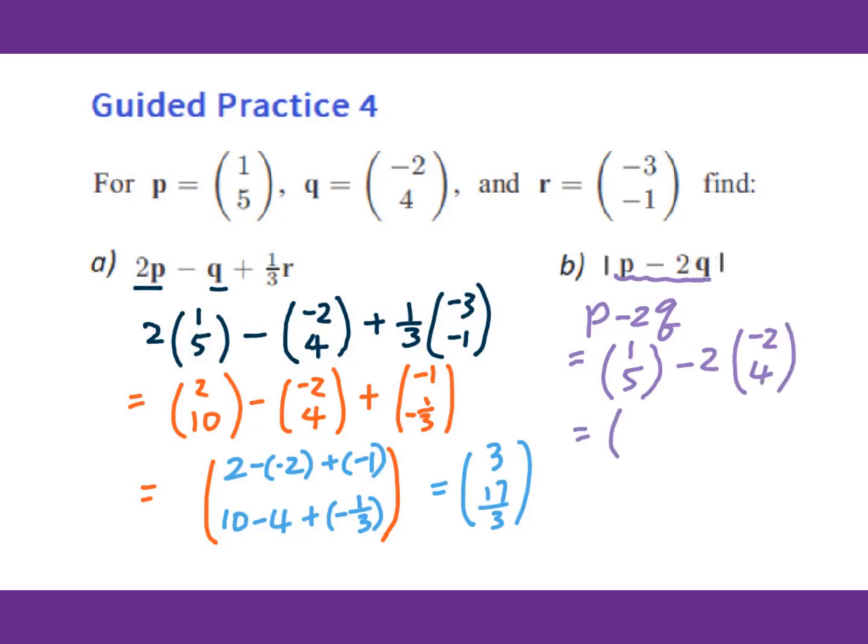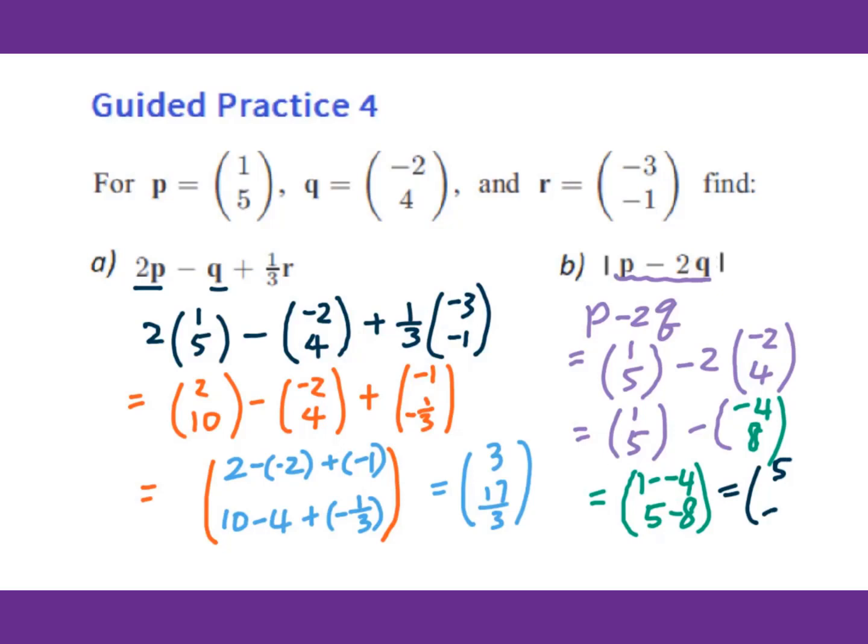So we have 1, 5 minus, do the multiplication, we get negative 4, 8. Then we do subtraction. 1 minus negative 4, 5 minus 8. The answer will be 5, negative 3, because negative negative is positive.